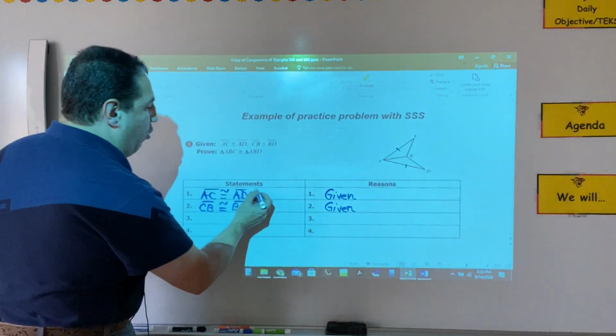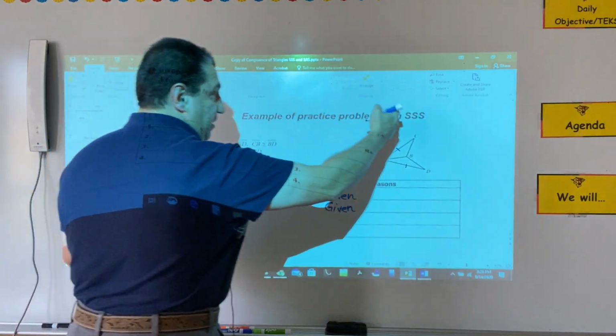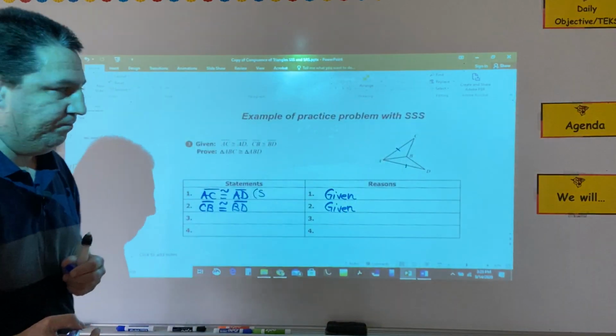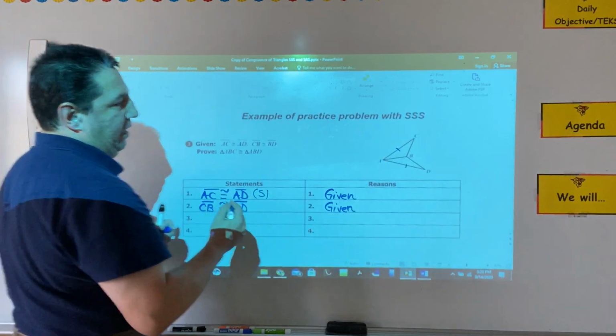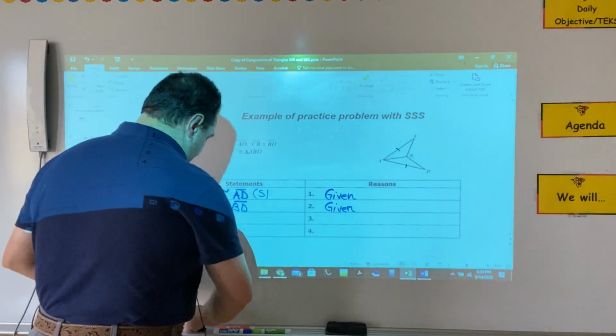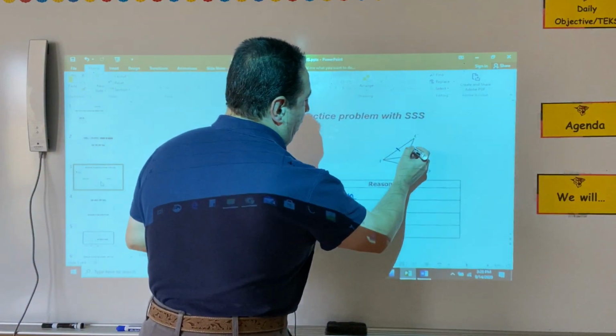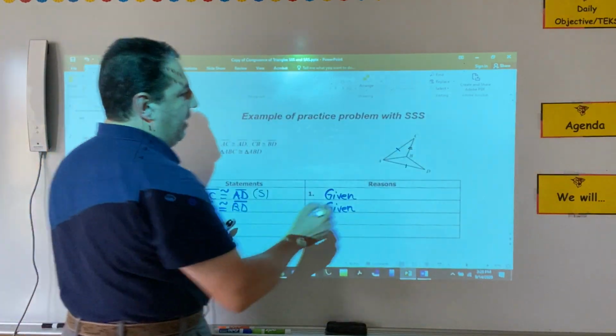This is the so-called first S in the name. Now, CB congruent to BD.